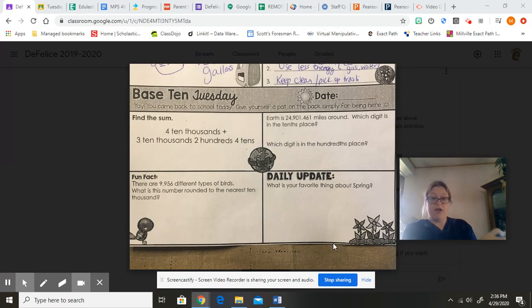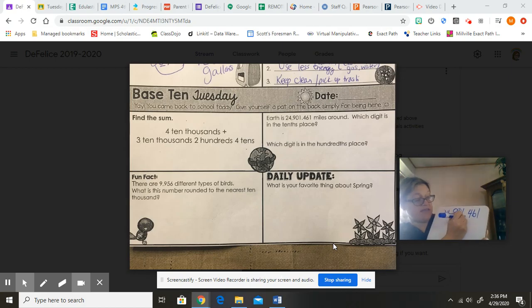All right. Earth is 24,901.461 miles around. Let me write that down. 0.461. Which digit is in the tenths place? Not the tens, the tenths.